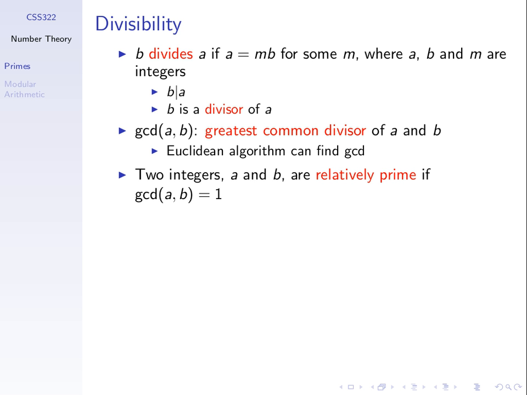As another example, what numbers are relatively prime with 7? 1, 2, up to 6.